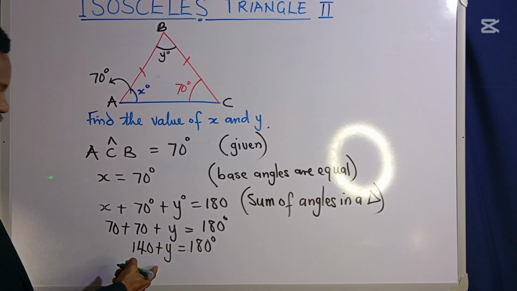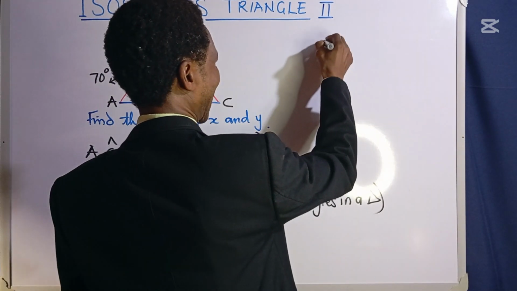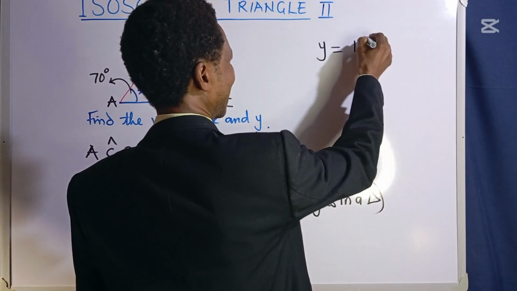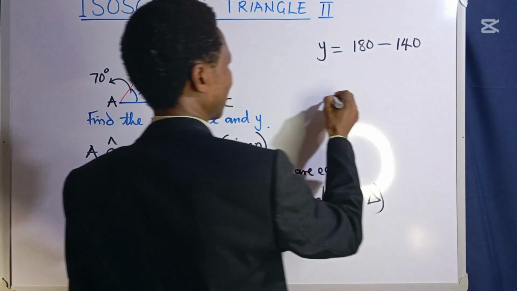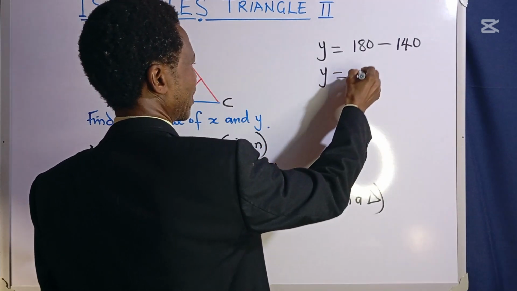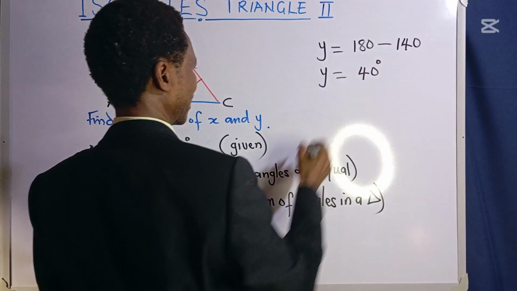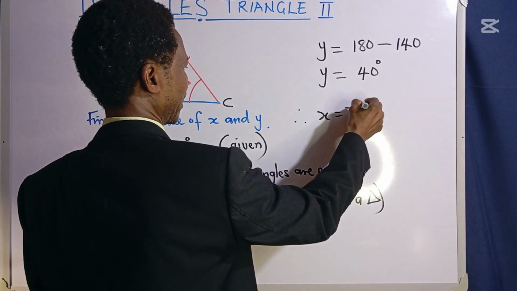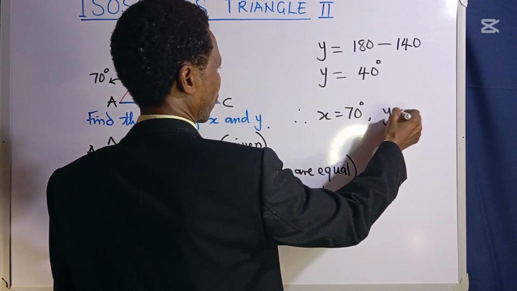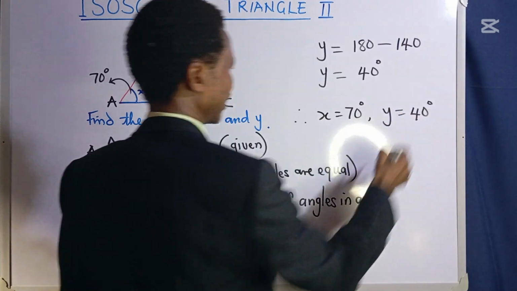Simple. You discover from here, y is equal to 180 degrees take away 140 degrees. So y is equal to 40 degrees. Therefore, x equals 70 degrees and y equals 40 degrees.